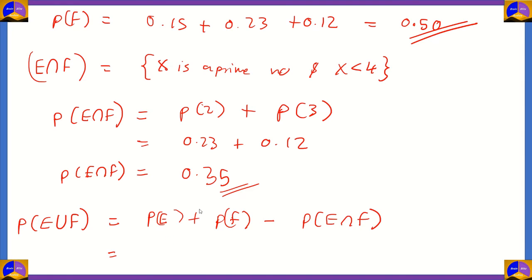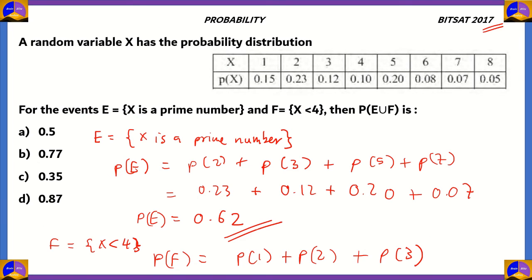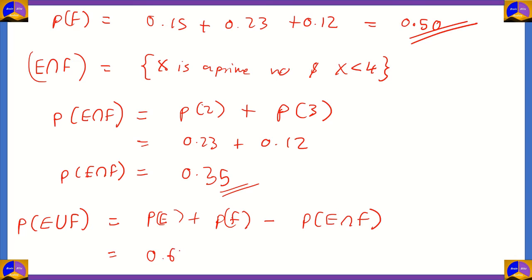So the value of P of E is 0.62. The value of P of F is 0.50. And the value of P of E intersection F is 0.35.